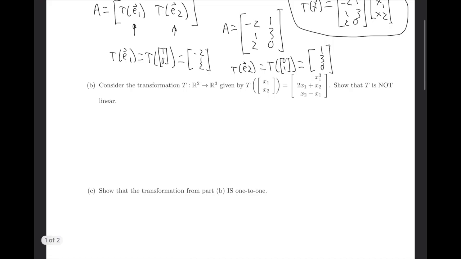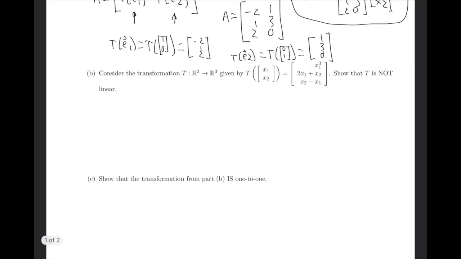And then moving on to the next question, we have some transformation going from R2 to R3, and it wants us to show that it's not linear. So there's two properties we can use to show that it's not linear.